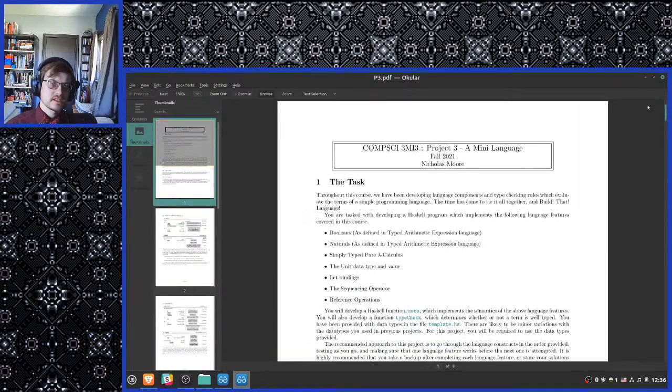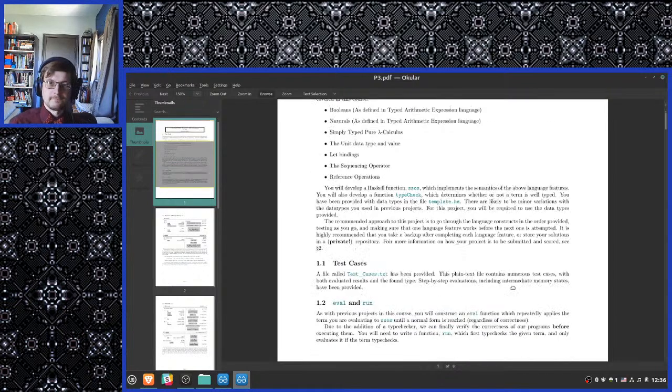Essentially, you need to take the work that you did for projects 1 and 2, combine that with a type checker, then add in unit, let bindings, the sequencing operator, and reference values, and do type checking for all of those as well. And that's Project 3, essentially.